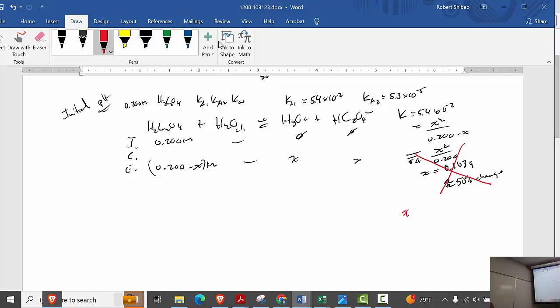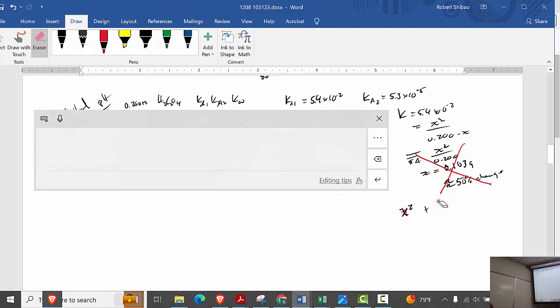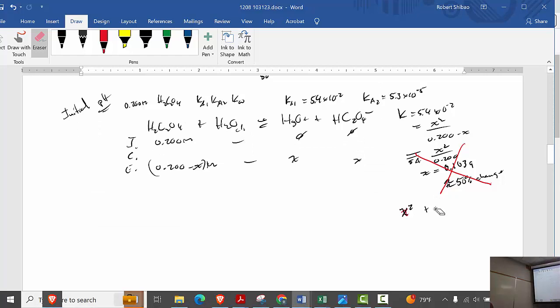So anyway, we're stuck with the quadratic equation, so let's go ahead and do that then. X squared plus 0.054x, actually I'm not going to write this in scientific notation. I'm just going to write this in decimal form.